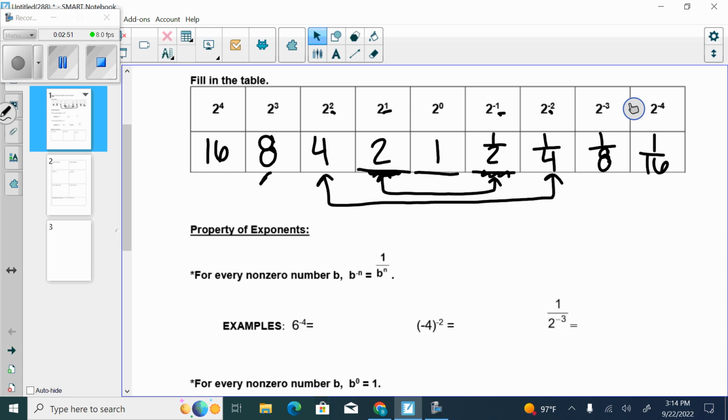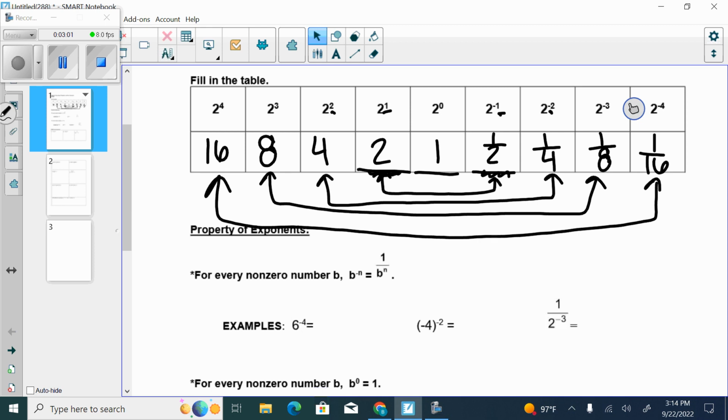And for our 4 and negative 4, same thing, right? All right, so it would appear here that if you have a negative exponent, it's just going to be the reciprocal or the flipped over fraction of what the positive one is, right? Okay, so these were all reciprocals of each other.